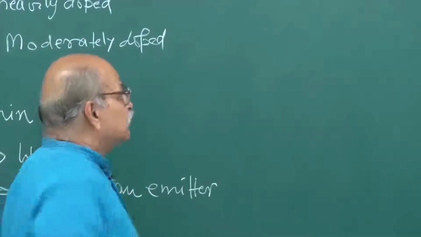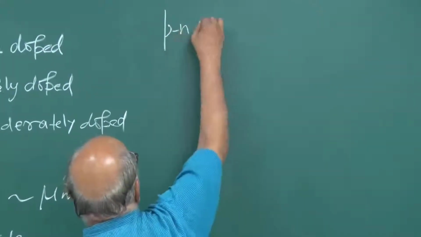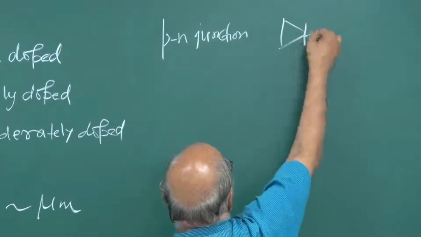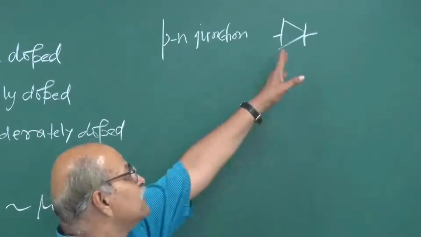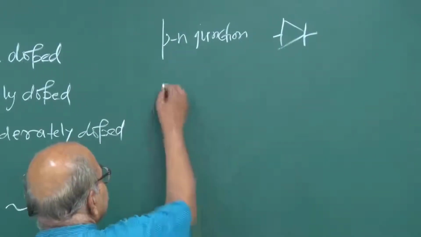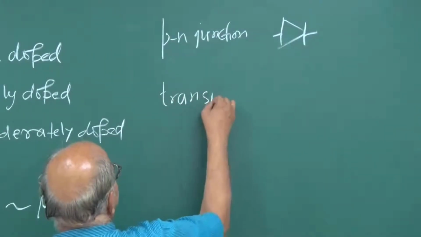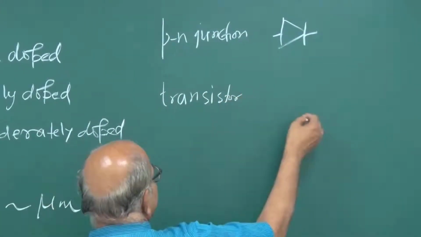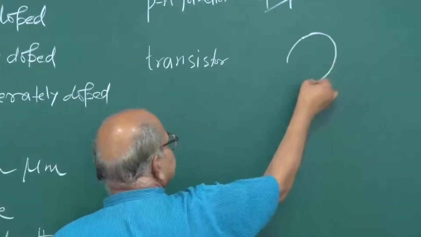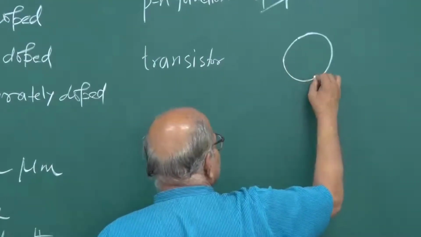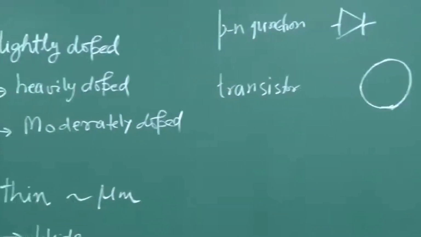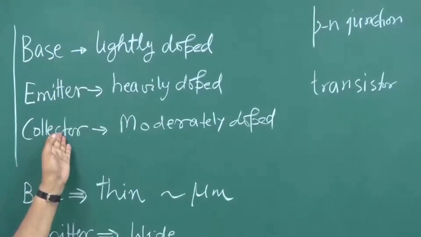Now the symbol. For the PN junction, you remember we had a symbol, and the symbol itself tells that this side is P and this side is N. Similarly for the transistor, generally people draw a circle. Sometimes you may not draw it, but it is good to draw a circle. Then three lines for these three parts: base, emitter, and collector.